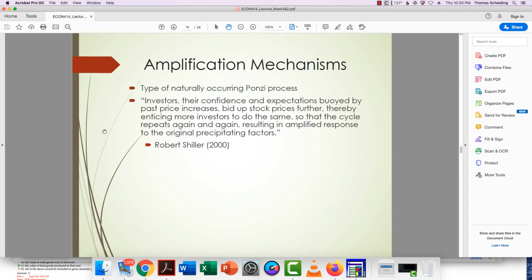And then things start to get amplified. That amplification occurs in things like this Ponzi process, like the Madoff example, where people keep thinking it's going to go up, and so they realize they have to get in now, otherwise they're going to miss out on all the profits, right? There's never a bad time to get into the stock market, these days at least, and so that's fueling part of this.